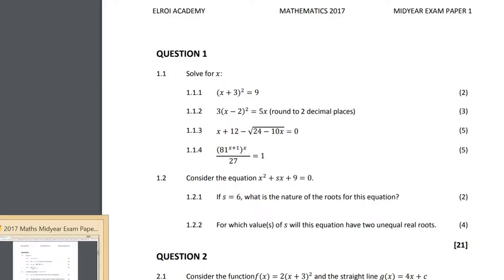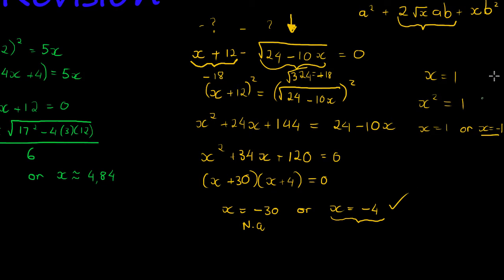Okay, those 5 marks, let me just show you how the marks are allocated. So first of all, we allocate a mark for solving the square root. That is part of the normal procedure when you have a square root in an equation. So we give you marks for every normal procedure step. Then we give you a mark for squaring both sides.